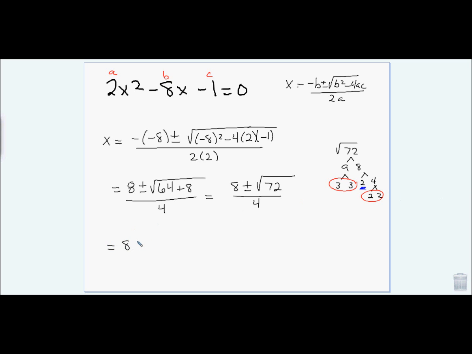So this is 8 plus or minus 6 times the square root of 2 over 4. 8, 6, and 4 will all reduce by 2. You'll notice I'm ignoring the number under the radical. You can't reduce that number. So I'm left with 4 plus or minus 3 times the square root of 2 over 2.